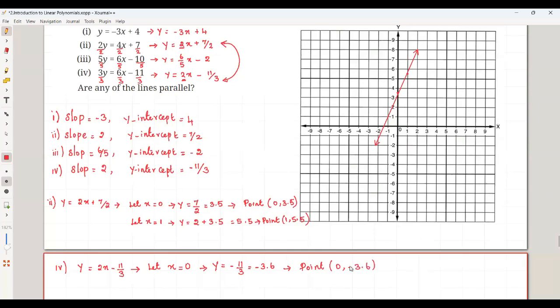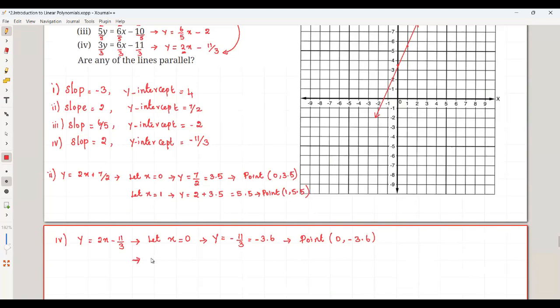Next I'm choosing x is equal to 1. Let x is equal to 1. X is equal to 1 means y is equal to 2 minus 11 by 3.